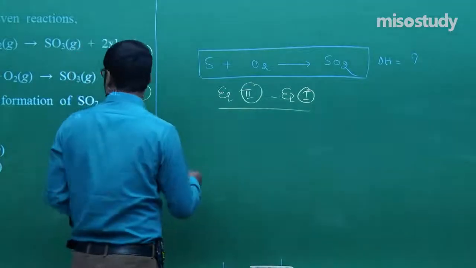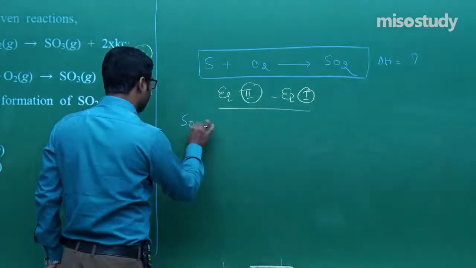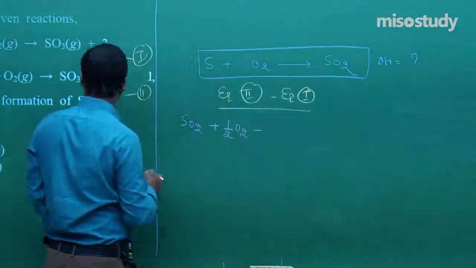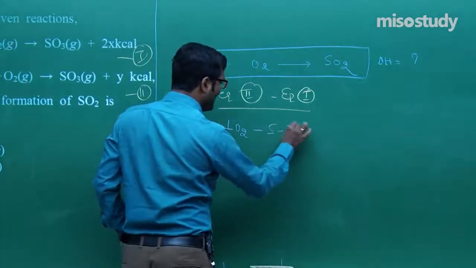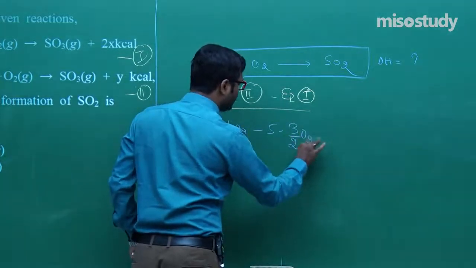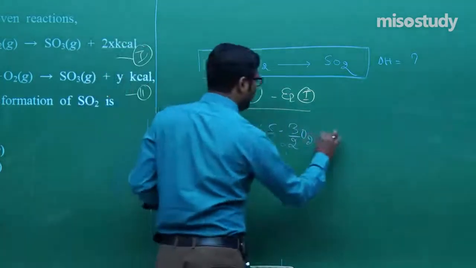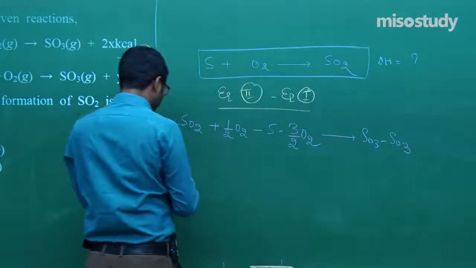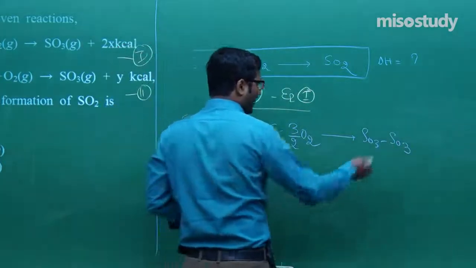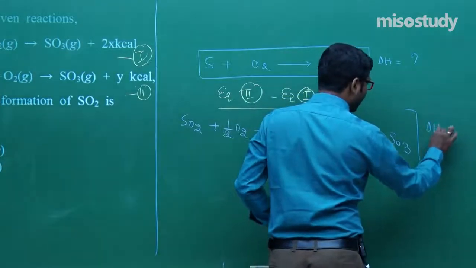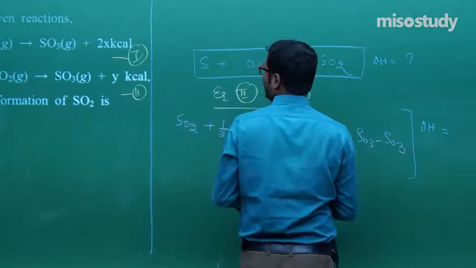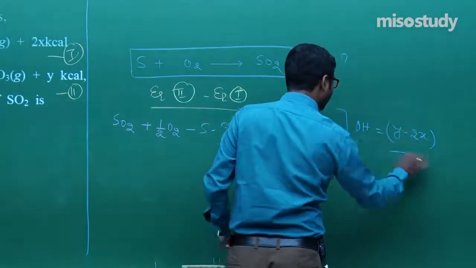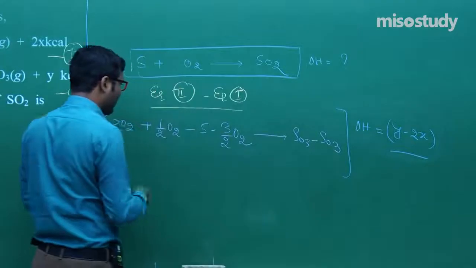In this case we can write like this: SO2 plus half O2, minus S and minus 3 by 2 O2, gives you SO3 minus SO3. And delta H will be equal to 2 minus 1, that is y minus 2x. Clear, friend?